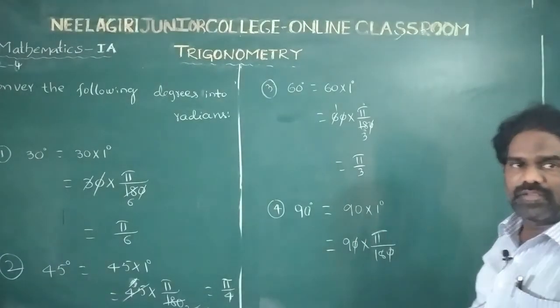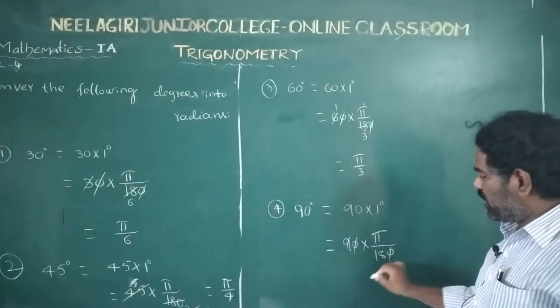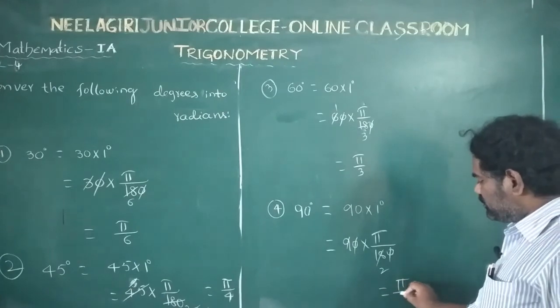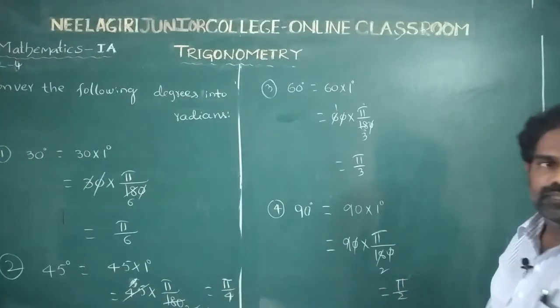Zeros get cancelled. 9 ones are 9, 9 twos are 18. So pi by 2 radians. Okay.